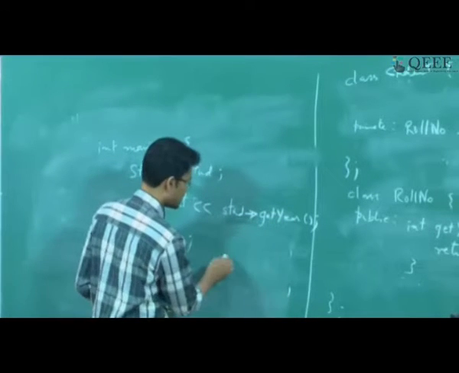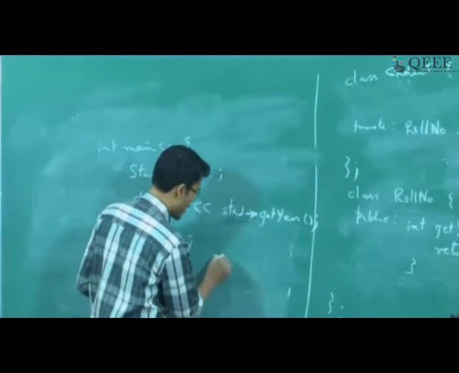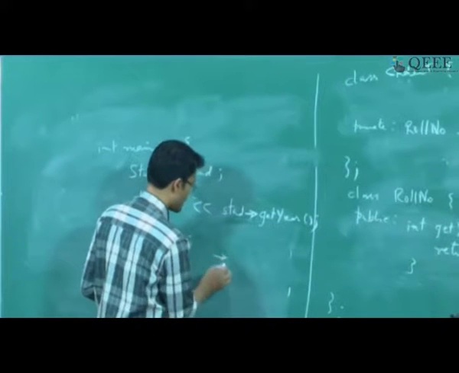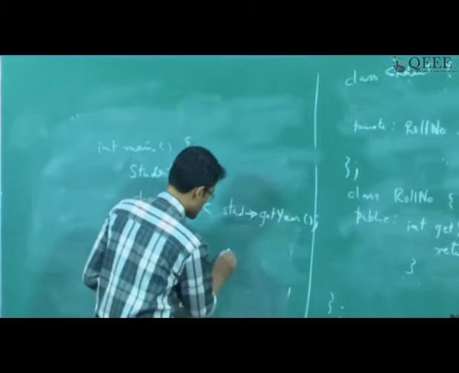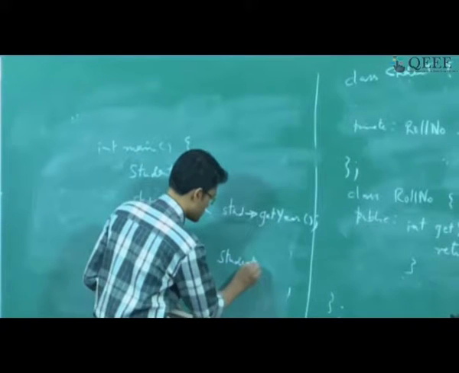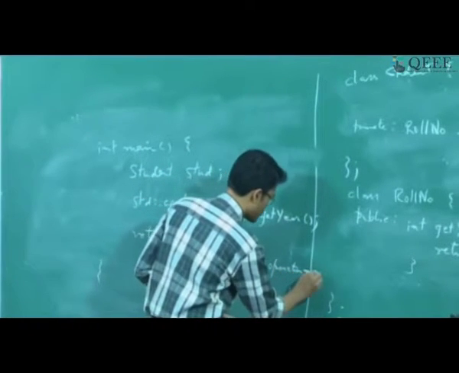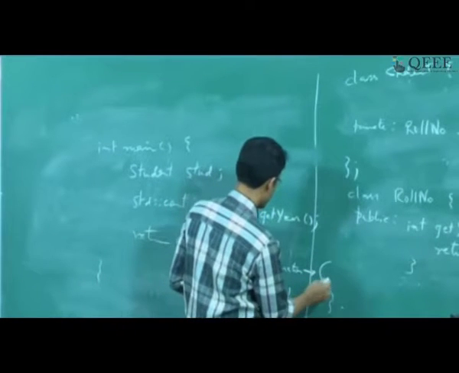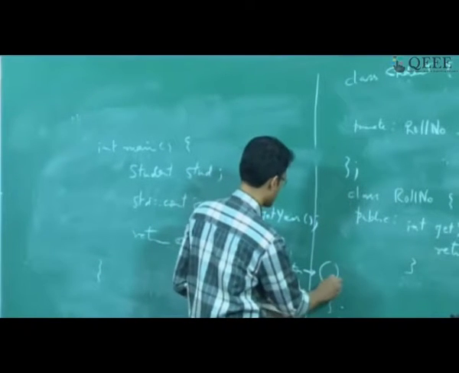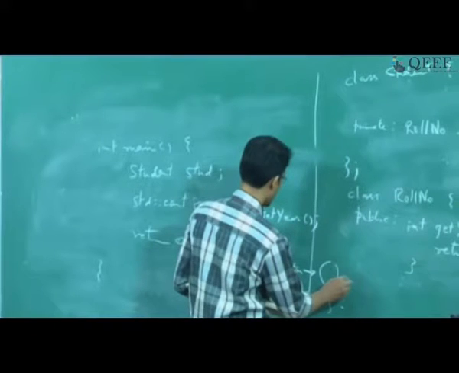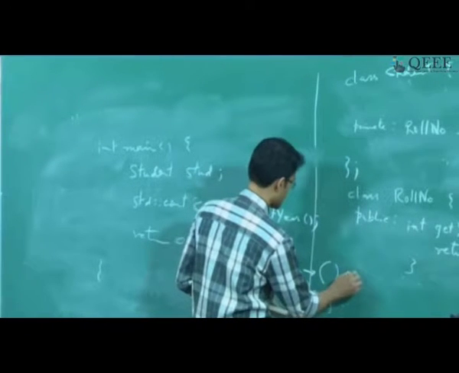Currently, by default, the arrow is being applied as student operator arrow with no argument, and on that we are applying getYear.